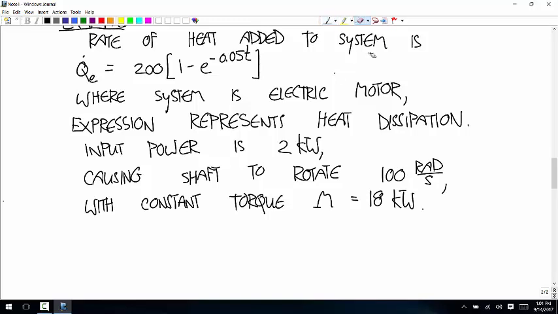That's a moment, so it's not right. That moment should be in Newton meters.